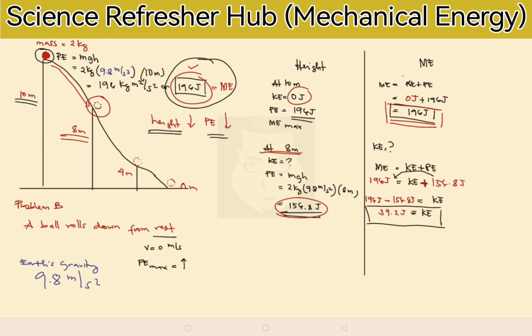Okay, if we go further, when the object is at 4 meters, what is going to be its, let's say, potential energy? Potential energy at 4 meters.